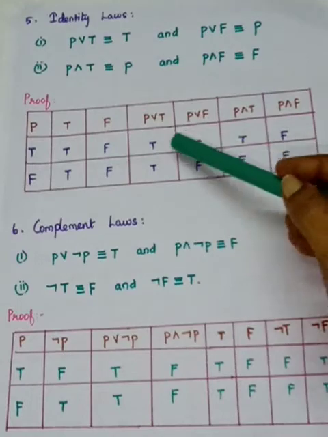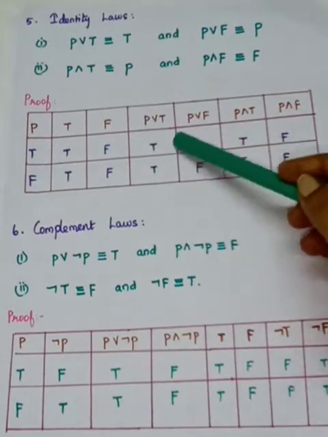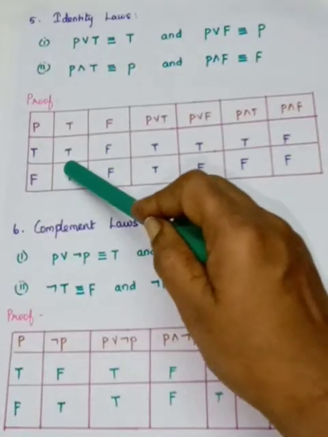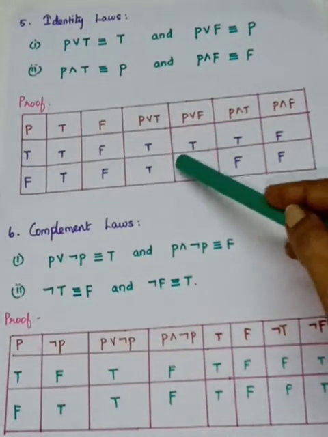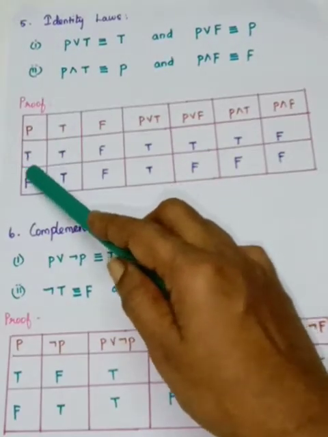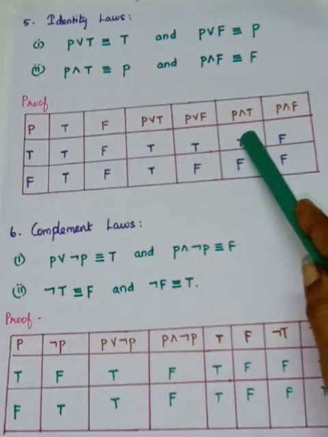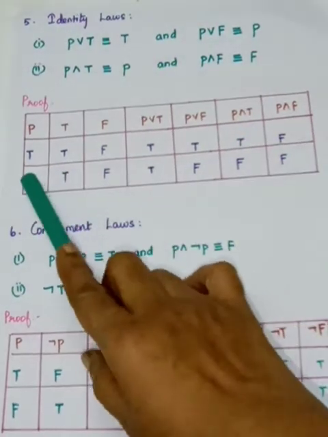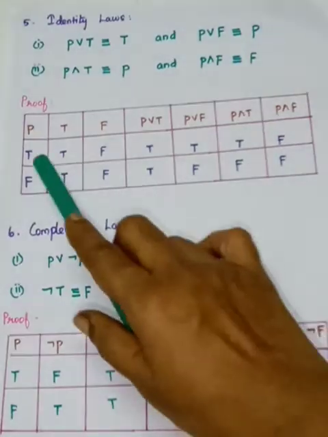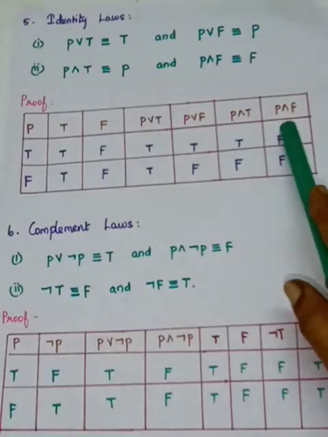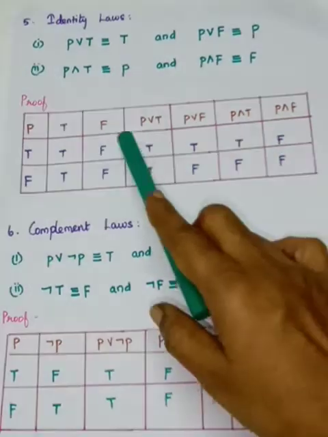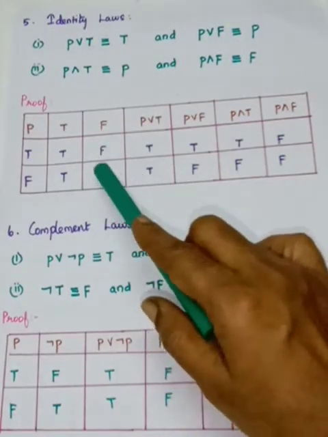Look at this: P or T is equivalent to T. P or F, TF, is identical to P. P and T, TF, here also TF, is identical to P. P and F, only FF, so it is identical to F.